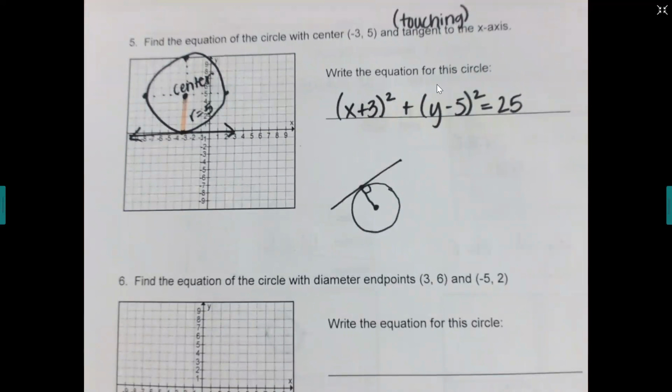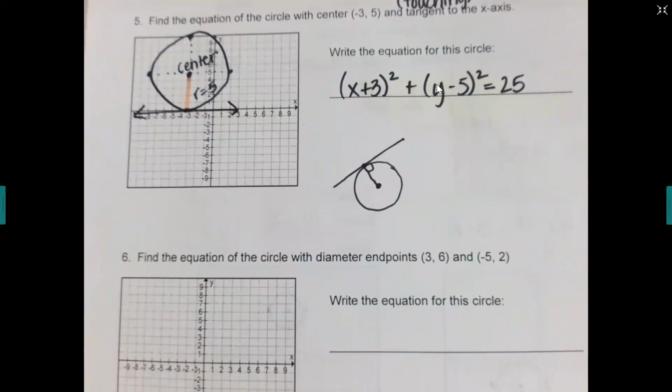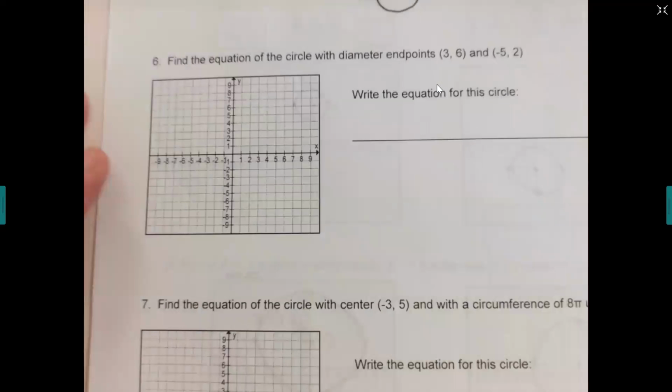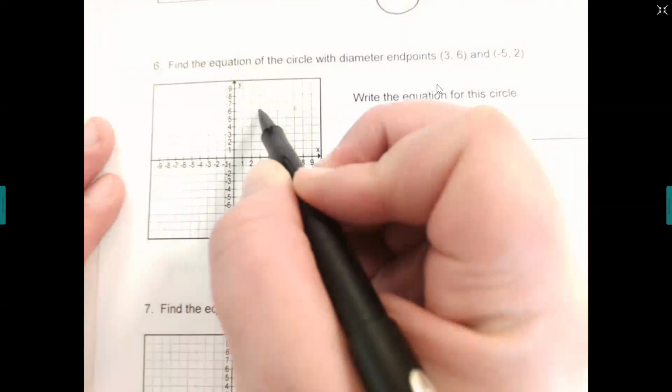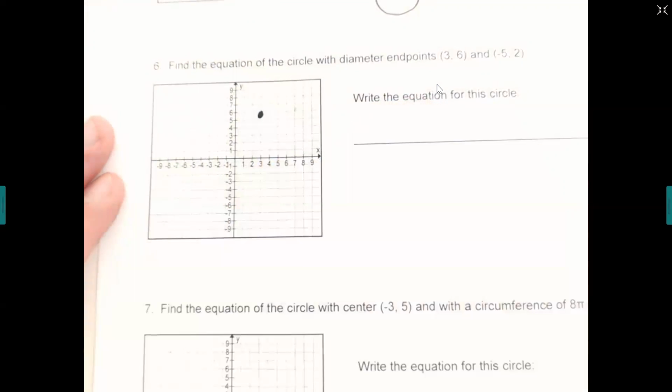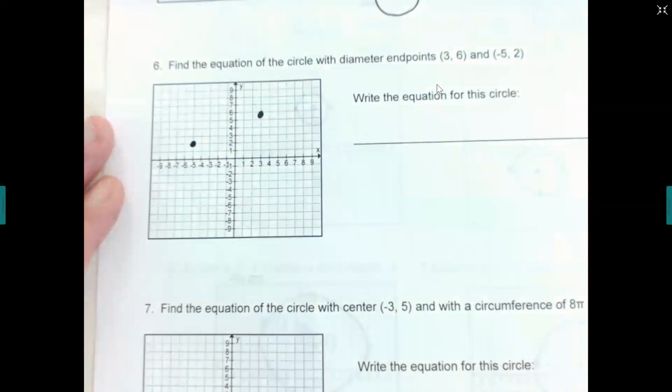Okay, this time it gives me the diameter endpoints. So let's see what happens on this one. Okay, graph (3, 6). (3, 6) is here. And then graph (-5, 2) here. And I know that my circle is going to be something like this.